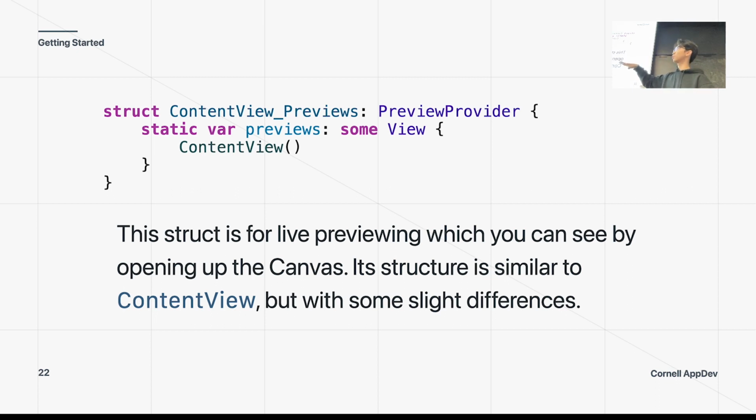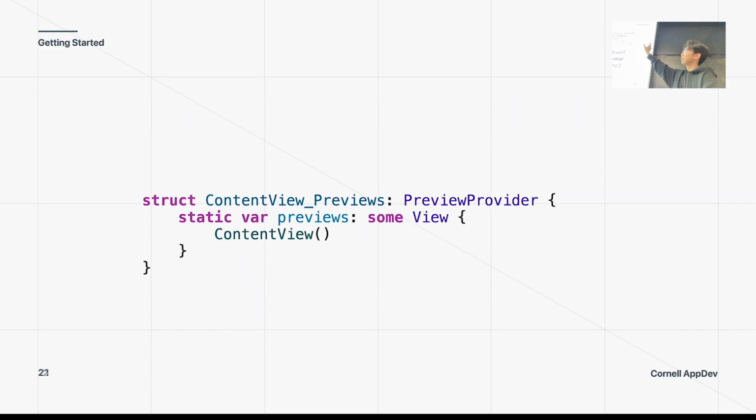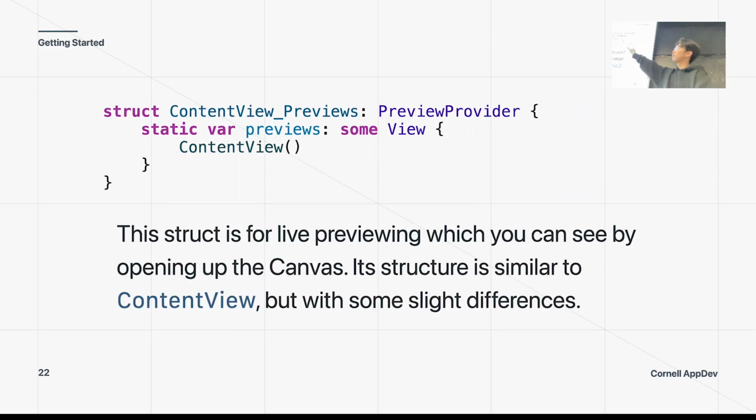I won't go into much detail, but notice that the structure is very similar to the structure right here. There's a struct, it conforms to some view protocol, and it has a property that has a return type of some view, and inside of that there is a content view, which is another view.